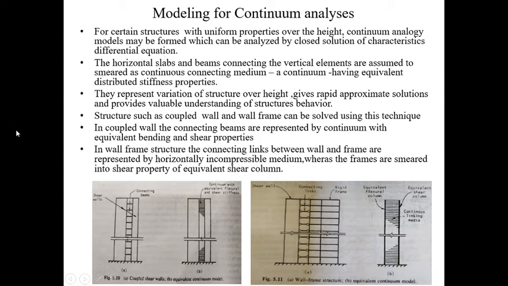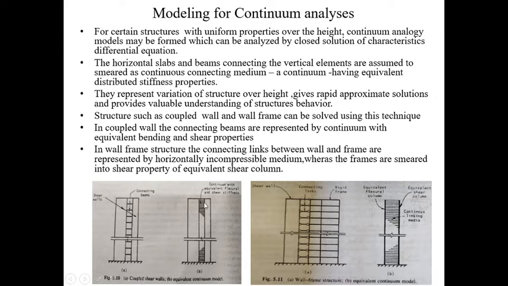In the previous one it was a simple equation; here it is the closed solution of characteristic differential equations. Now here you can see a tall structure wherein this part is a shear wall and this part is also a shear wall. This is the connecting beam, which connects both the shear walls.